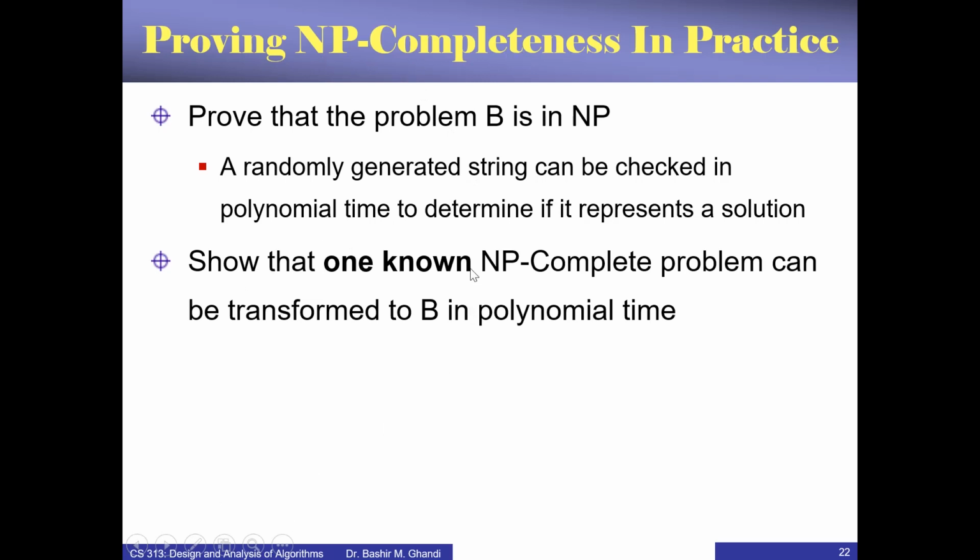Show that one known NP complete problem can be transformed in polynomial time to B. You don't have to show all of them, just picking one problem that is known to be NP complete and showing that that NP complete problem is easier than your problem B. If you can do that with just one NP complete problem alone, then in practice that is good enough to show that your problem is indeed NP complete.